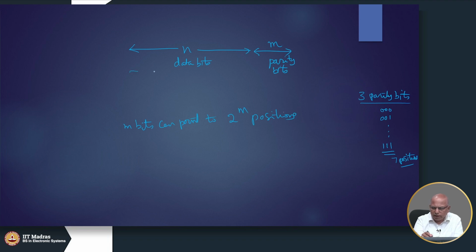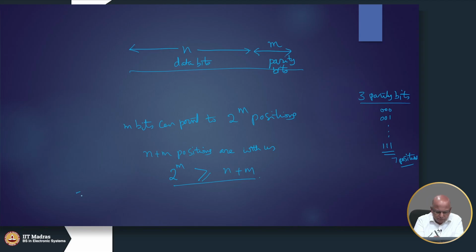How many positions do we have? We have n plus m positions. So, your 2 to the power m should be greater than or equal to n plus m.